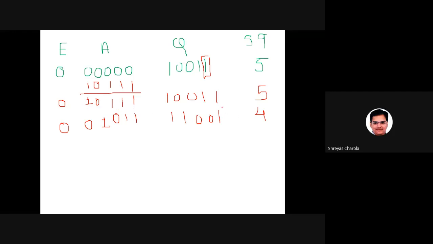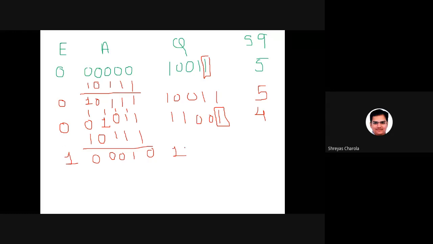Again, I got a 1. What I'll do, again I will add this thing, 10111. So the answer I will get is 01110 and here also a 1 carry flag, and this will remain as it is, still 4.